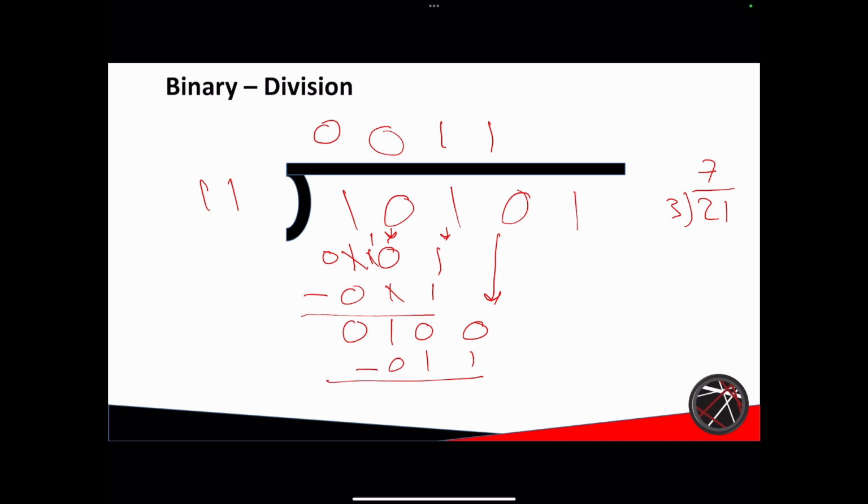So 1 from 0 I can't do. I need to borrow, so I need to borrow from here. I bring my 2 across. I'm going to take one of them and bring 2 here. So I take my 1 from there and I'm left with 1. I take my 1 from 1, I've got nothing left, 0 and 0. And then eventually I'm left with the 1 here, so I now bring that last one down, like so.